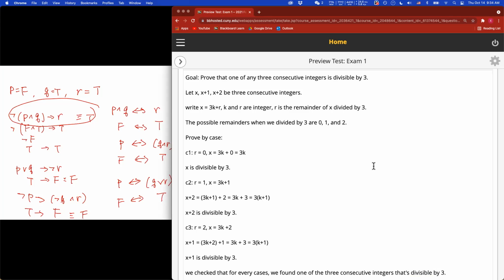So that will be proved. So this will be proved by cases. Any questions here?